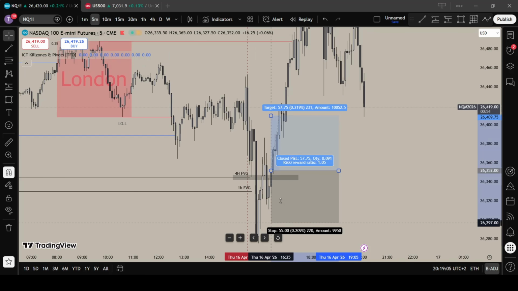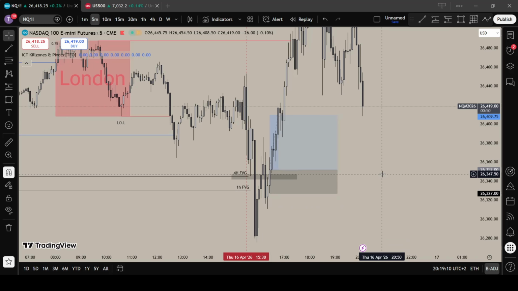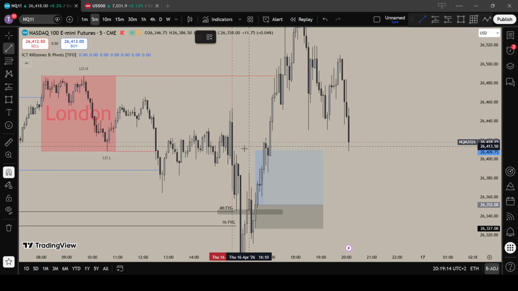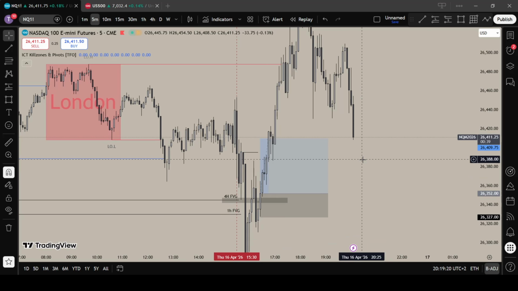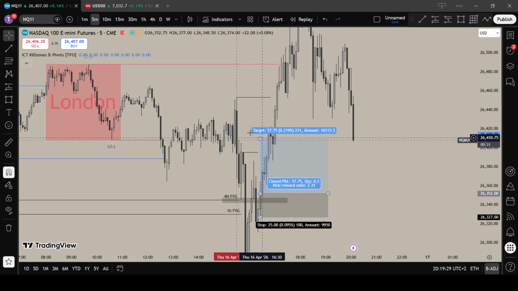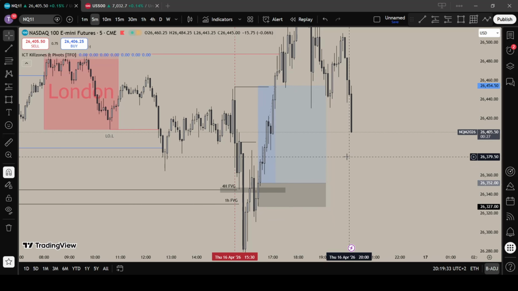Stops will be below the candle that inversed the gap, and then our take profit can be this devil's wick over here with a 50-minute unmitigated parallel gap, and our final take profit can be all the way over here at the 9:30 open. And as we can see, the trade hits our take profit.